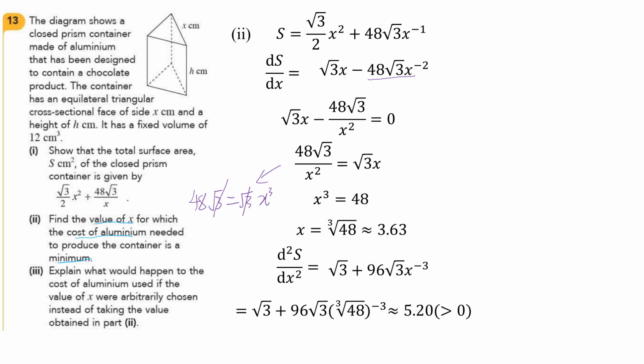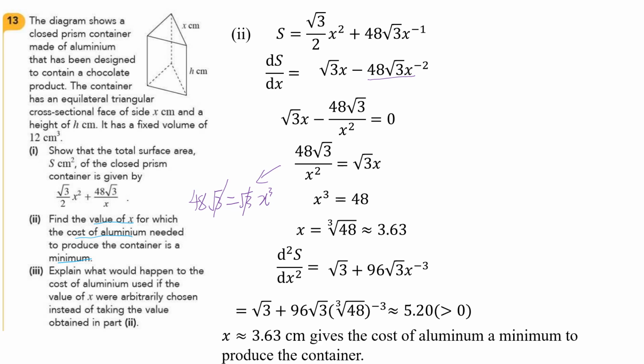So therefore, x equals 3.63 will give the cost a minimum value. Alright, if you present it this way, then that will give you a perfect answer. But I don't think you are needed to show that it is a minimum. So I'm doing some extra steps here.